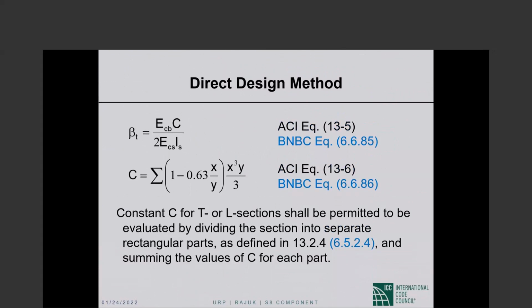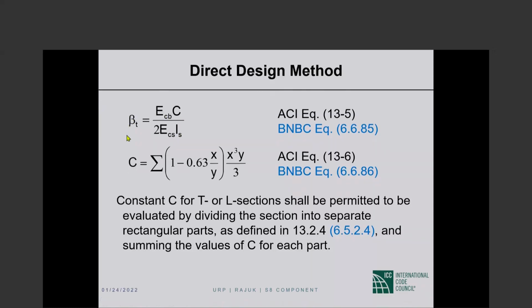So constant C for T or L sections shall be permitted to be evaluated by dividing the section into separate rectangular parts and summing the values of C for each part. And you are allowed to take the largest of the values that you get by dividing the section differently. So C is the torsional constant, and this is I sub s, the slab. Anyway, this is the beta sub t that we are talking about in the previous picture.